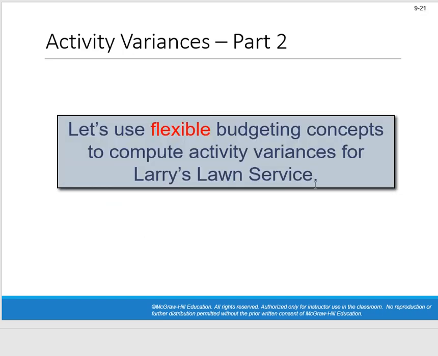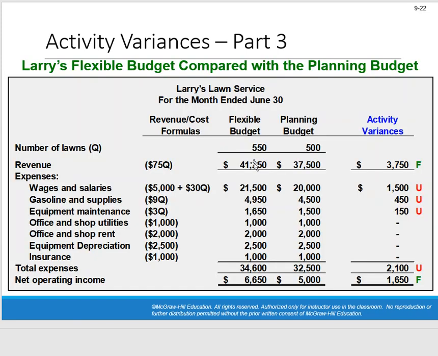So as we look at our flexible budget for Larry's lawn service, we're comparing our flexible budget to our original planning budget. So the flexible budget is not actual numbers, it's still just a budget, but we're comparing our flexible budget at the actual level of activity, and that's what's key here.